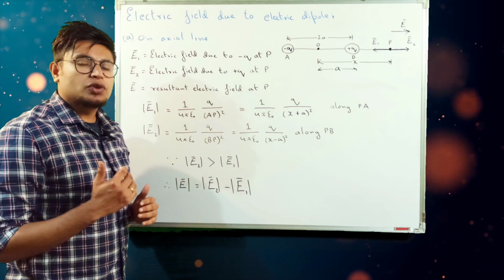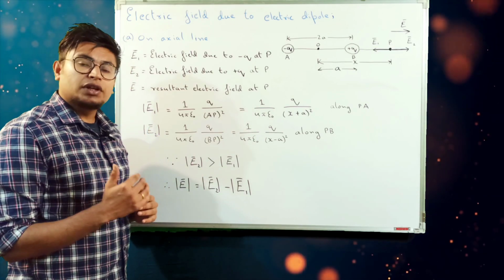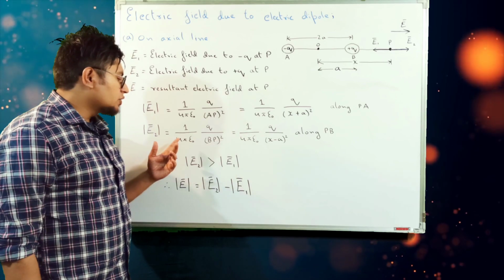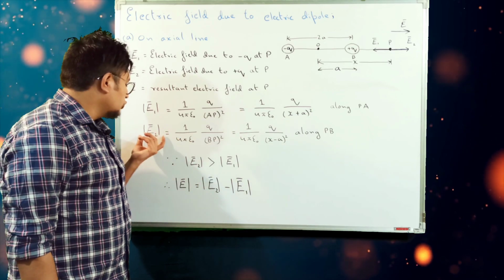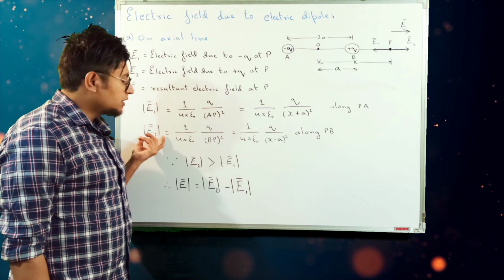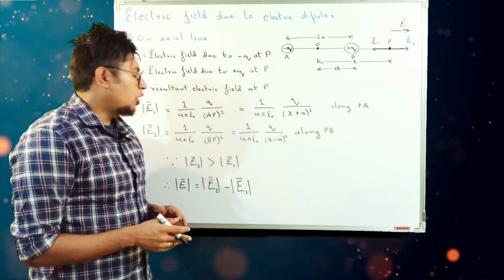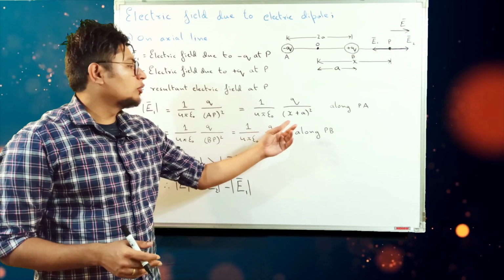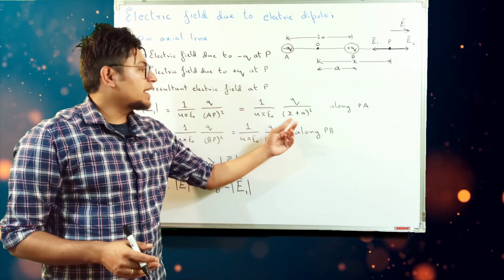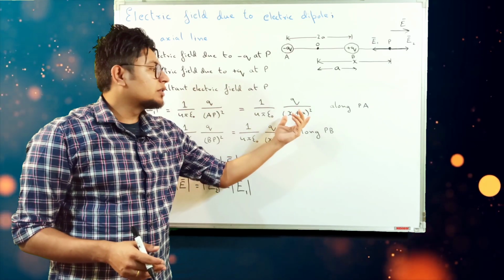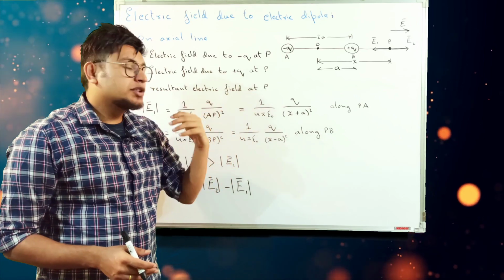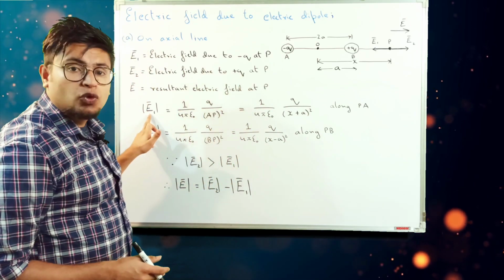Now our aim is to get an expression for the resultant electric field. In this case, electric field E2 is greater than E1. In the case of E1, the denominator is increasing. It is x plus A, it is adding up. Hence the denominator increases, which results in the decrease of E1.